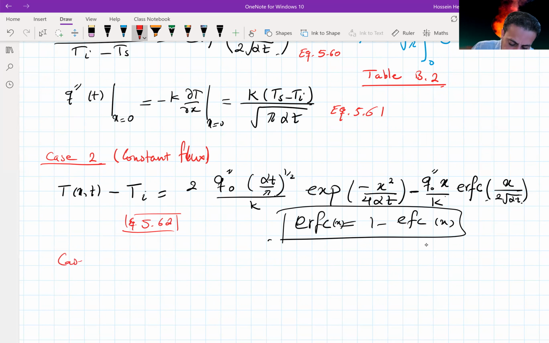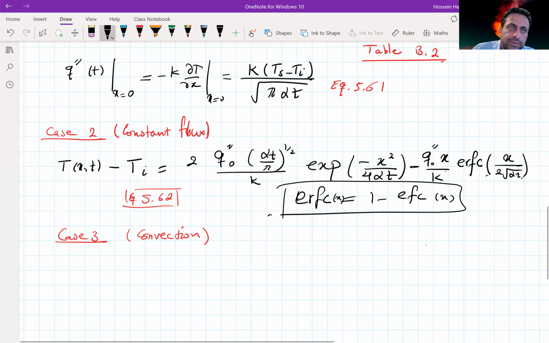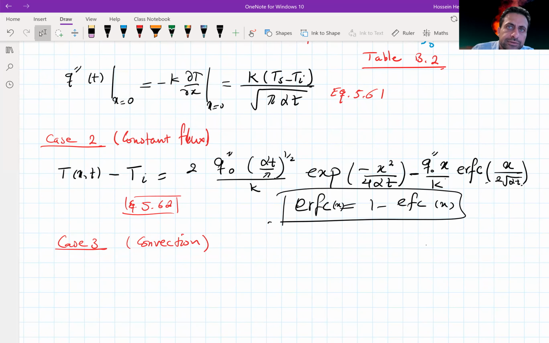For case 3, where we have the convective heat transfer boundary condition, then the solution that you're going to find is (T(x,t) minus Ti) over (T infinity minus Ti).